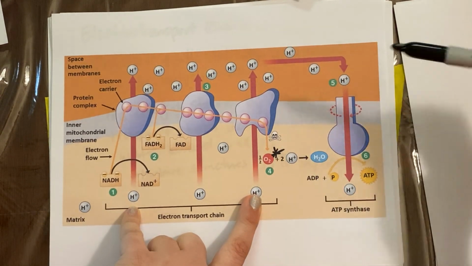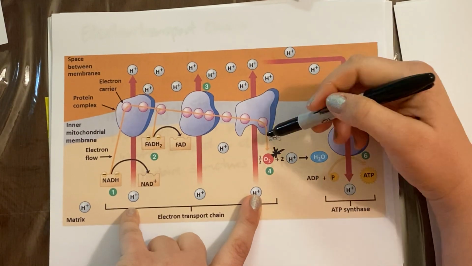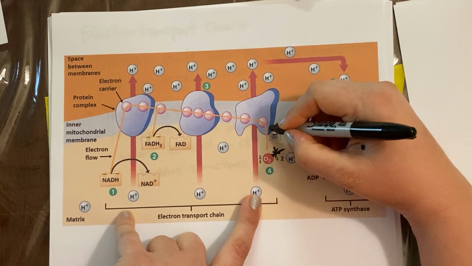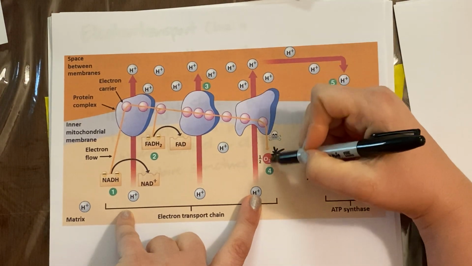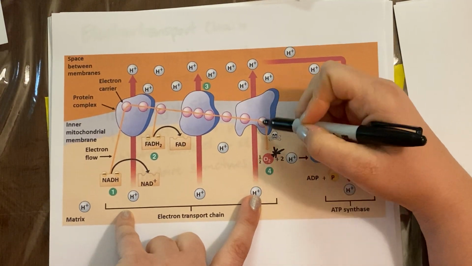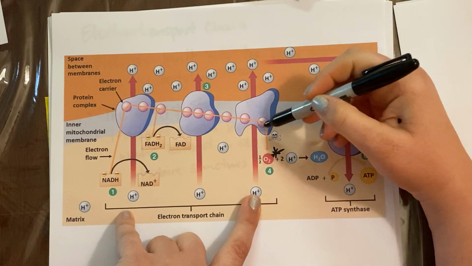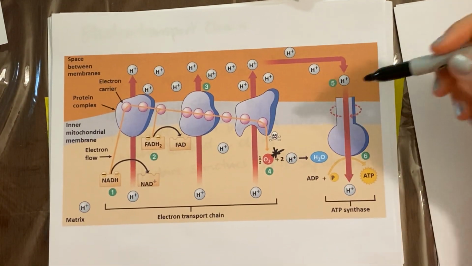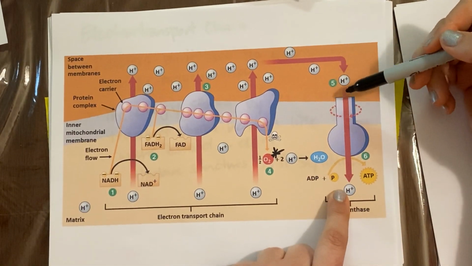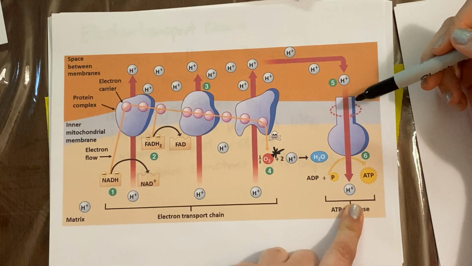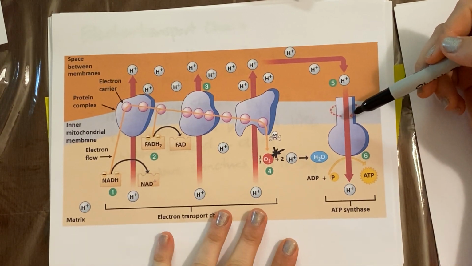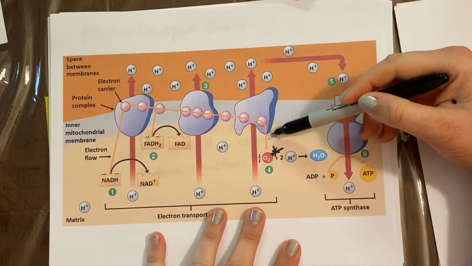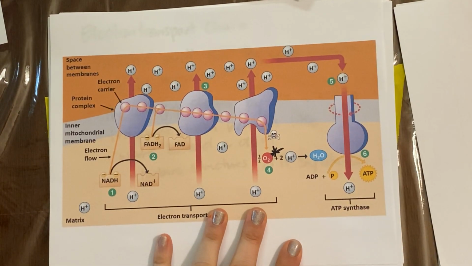So what happens is if you ingest cyanide, it attaches to the electron transport chain in this location right here, preventing this from happening. Okay, and so it prevents the electron transport chain from working, which means that you can then not make any ATP. If you're not making ATP, you will not stay alive for very long. Okay, so this is going to be kind of the end stage and something you would not want to mess with in this case.